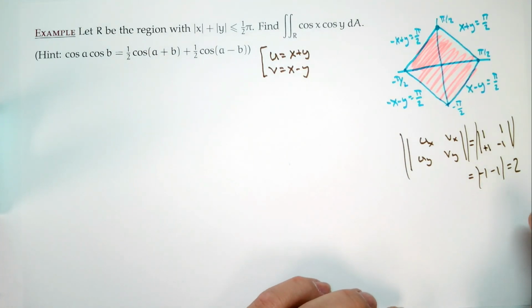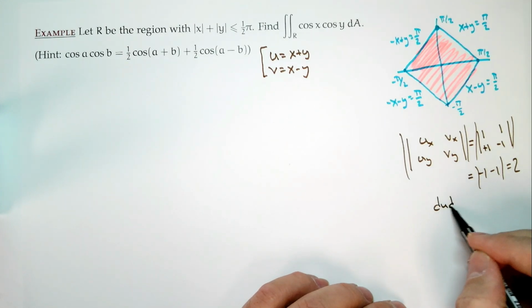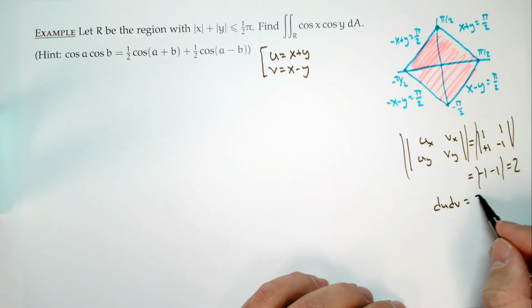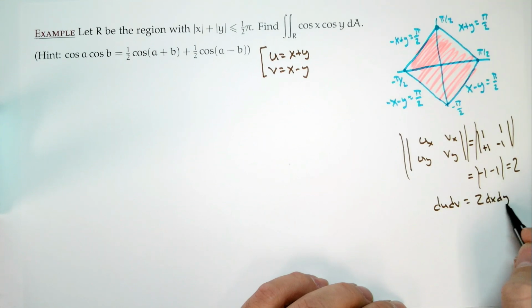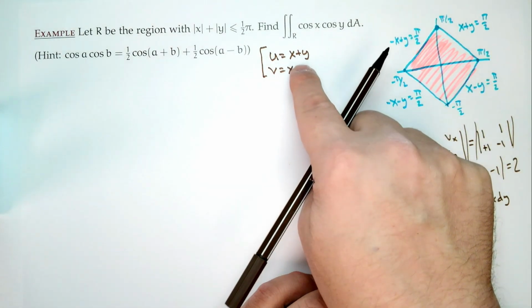What this tells us is that du dv is equal to 2 dx dy, because this should really be thought of as a function involving x and y, coming from derivatives of functions of x and y.